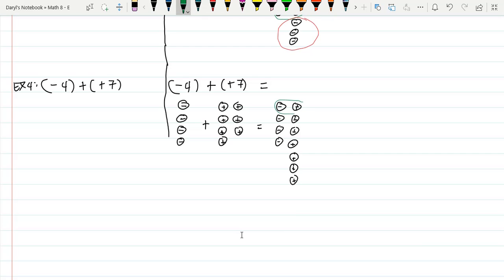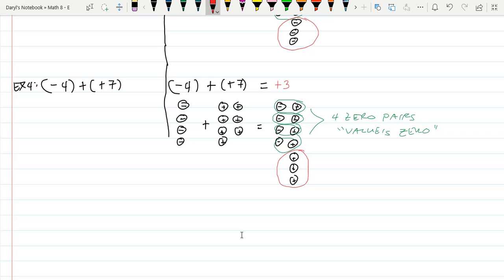In this particular case, I have 4 zero pairs. The value of them as a whole is 0, so it doesn't affect my final value. Essentially, the answer is just given by these 3 positive chips. Therefore, this is positive 3.